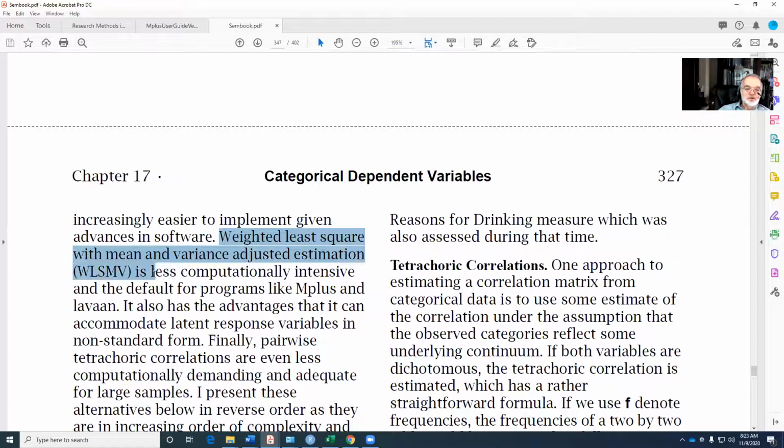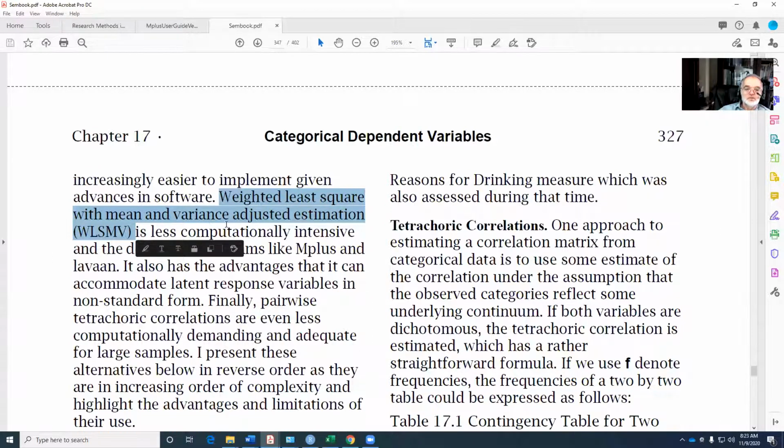Weighted least squares with mean and variance adjustment is not as computationally intensive, and for that reason, that's what Mplus and Lavaan do. It has the advantage that it can accommodate a latent response variable in non-standard form. That is, if I want to say that my latent response variable has a mean of 0 and maybe a variance that's not 1, I can do that with WLSMV.